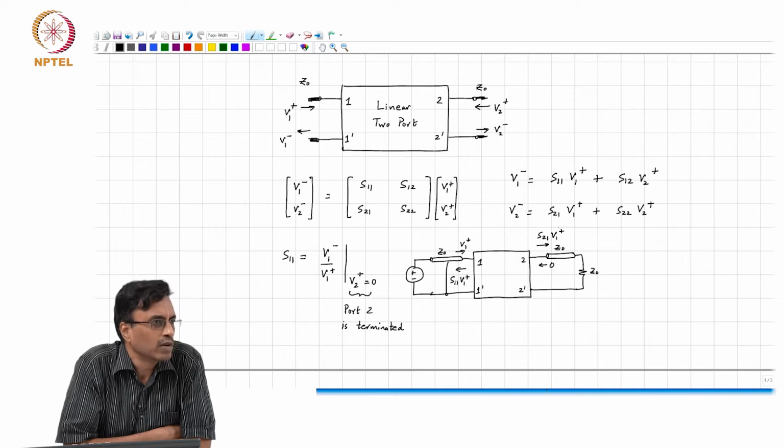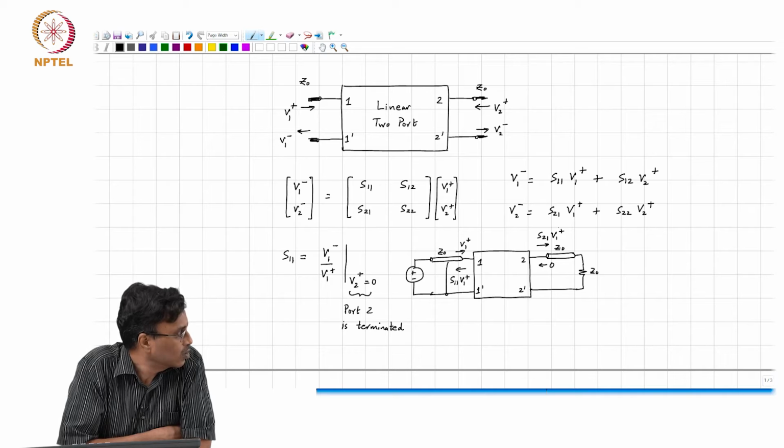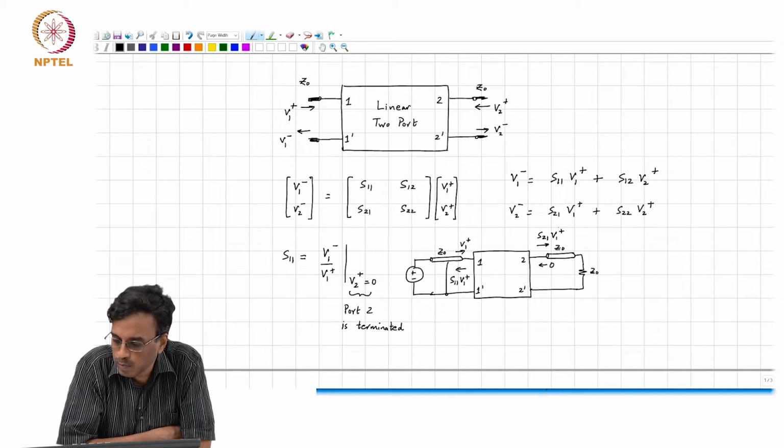What would we do? In the first experiment, we would short the output port and excite the input port with a voltage. The input admittance gives you Y11, and the ratio of the current measured in the output port to the applied voltage will give you Y21. Similarly, here, you terminate the output port, you excite the input port.